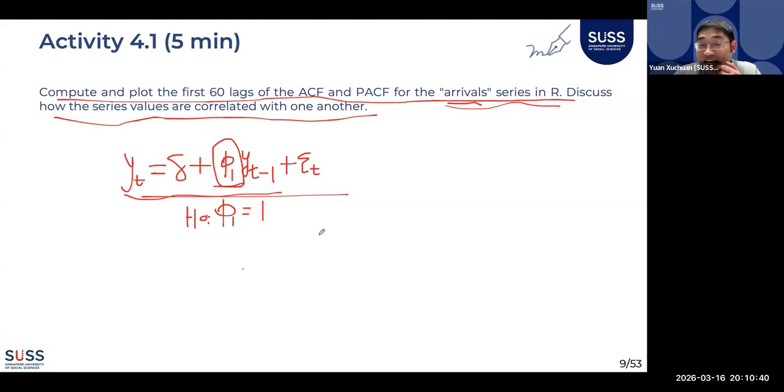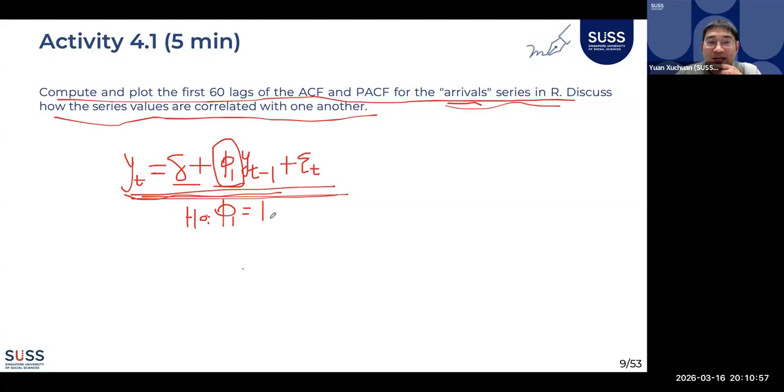Remember this ADF test has different forms. Maybe there is a trend, maybe there is no trend. These are different forms when you consider the test.